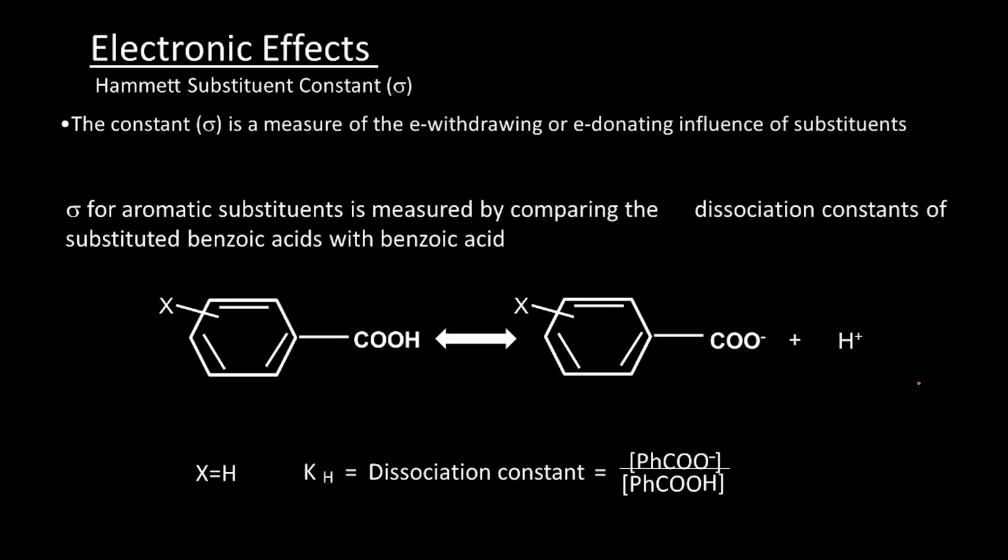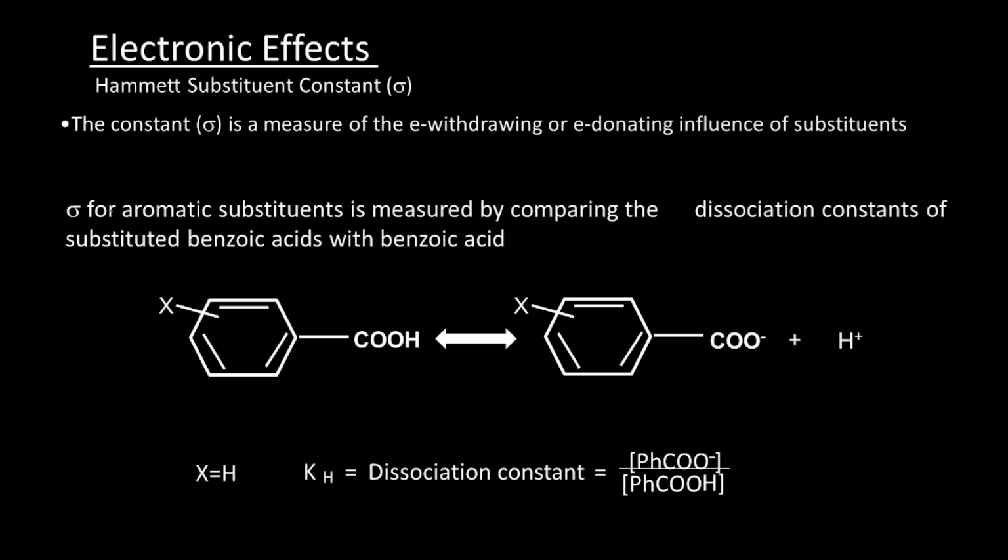So we looked at the electronic effect. The constant is called sigma, the Hammett substitution constant. That is the measure of the electron withdrawing or electron donating influence of substitutions. Sigma for aromatic substitutions is measured by comparing the dissociation constant of substituted benzoic acid with benzoic acid.